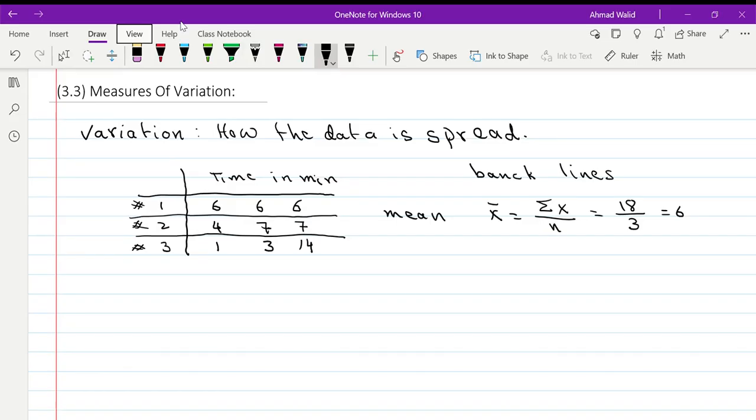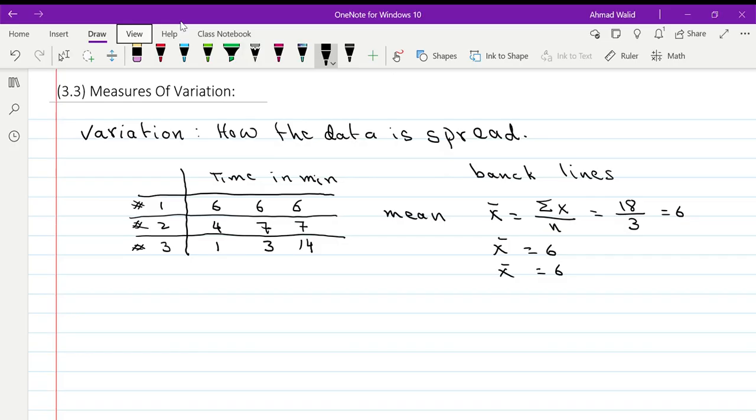If you calculate bank 2, x bar, you will see again you end up with 6 minutes. Bank 3, again the mean is 6 minutes. There is no difference, but it's not fair. One person waited 14 minutes and the other person just waited 1 minute, and you just find the average or the mean. All of them are equal, 6 minutes, 6 minutes, 6 minutes.